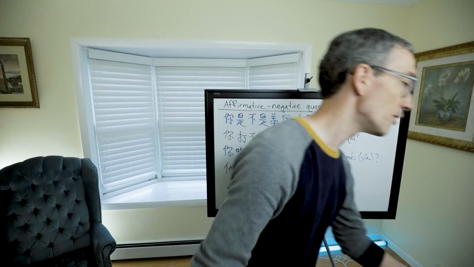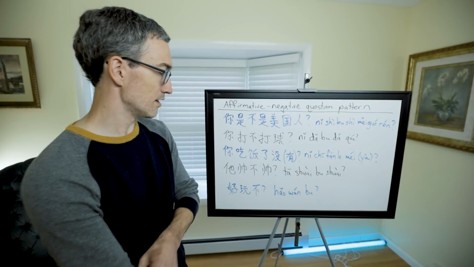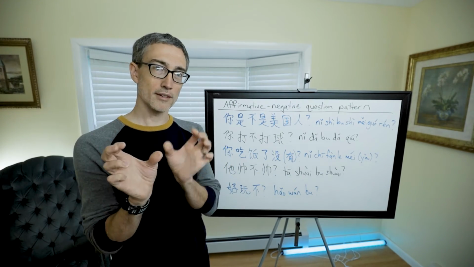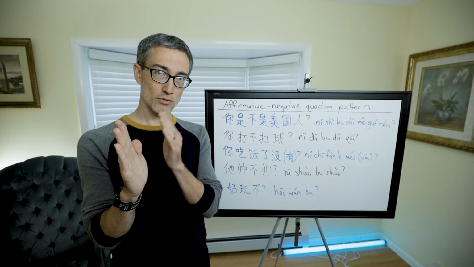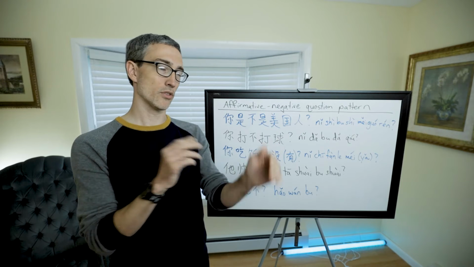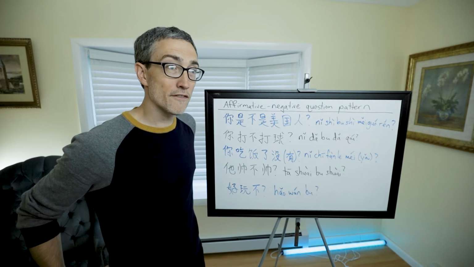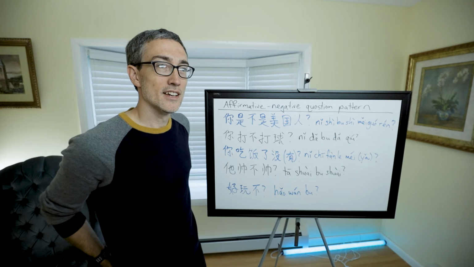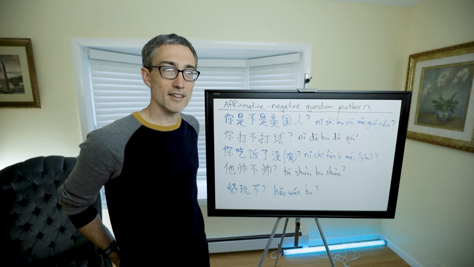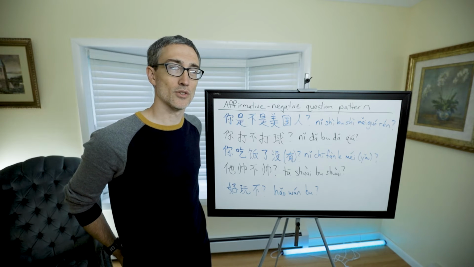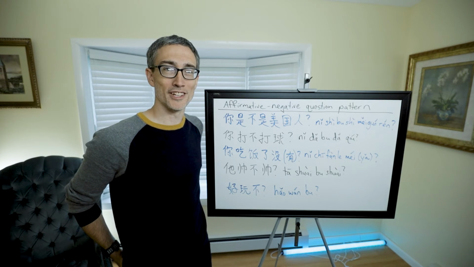When it's a two-syllable verb or adjective, you can either say the whole thing, 不 whole thing, or you can say first syllable, no second syllable, and then 不, and then the whole thing. So there you go. That's an affirmative negative. It's a super common, everyday kind of way to ask a yes or no question. Super important for your learning.